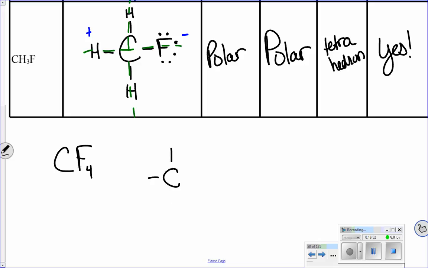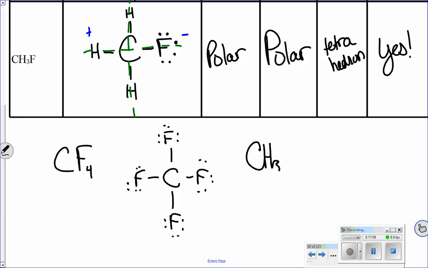So in that case, you would be putting 4 F's around the outside and remembering that all those F's need those dots. Instead of CH3F, CH3Cl would be another great example. And all you're doing there is flopping out the Cl. So all these guys would just be H's still. And you'd have a Cl over here with those extra valence electrons because it has the same number of dots that fluorine does.